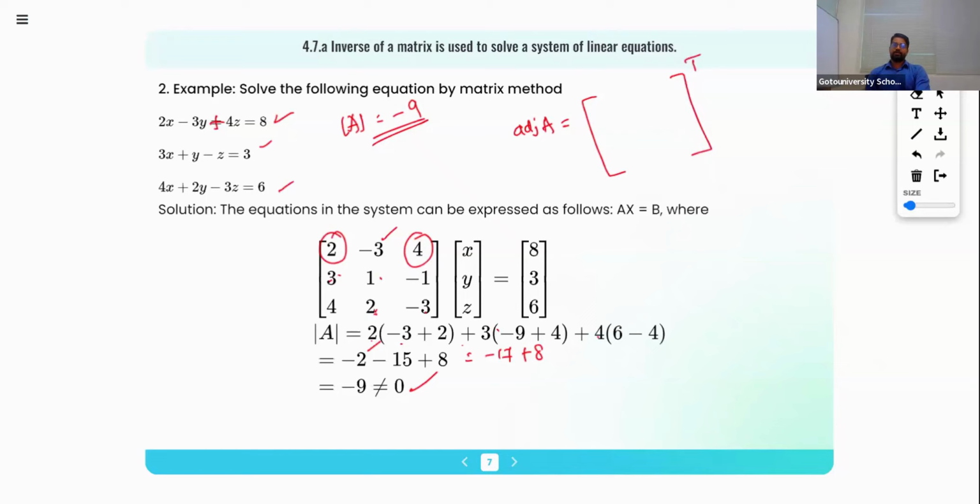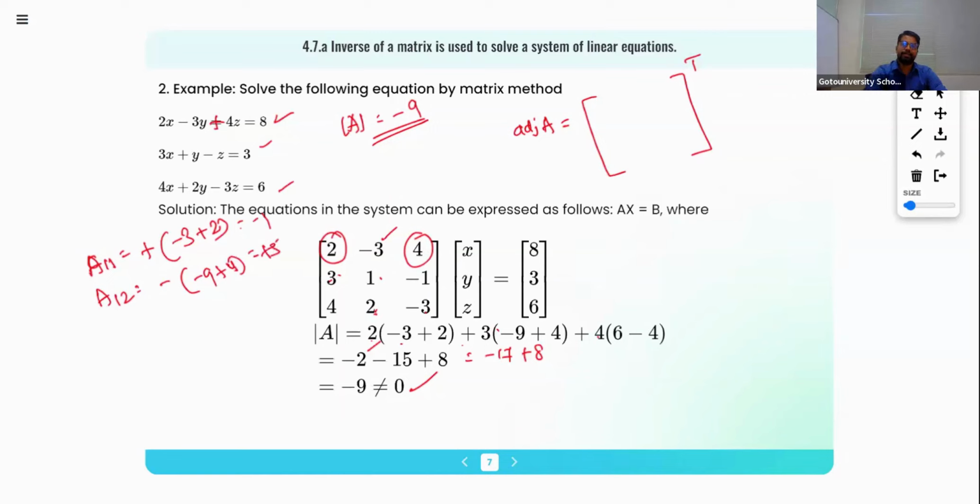Transpose of that will give you the transpose of the cofactor matrix, right? What is the cofactor of this? So let me write the cofactor of maybe A11. I'll write it here. Step by step we'll write. So it is plus, indeed minus 3 plus 2, which is minus 1. A12 will be minus of minus 9 plus 4, which is plus 5.